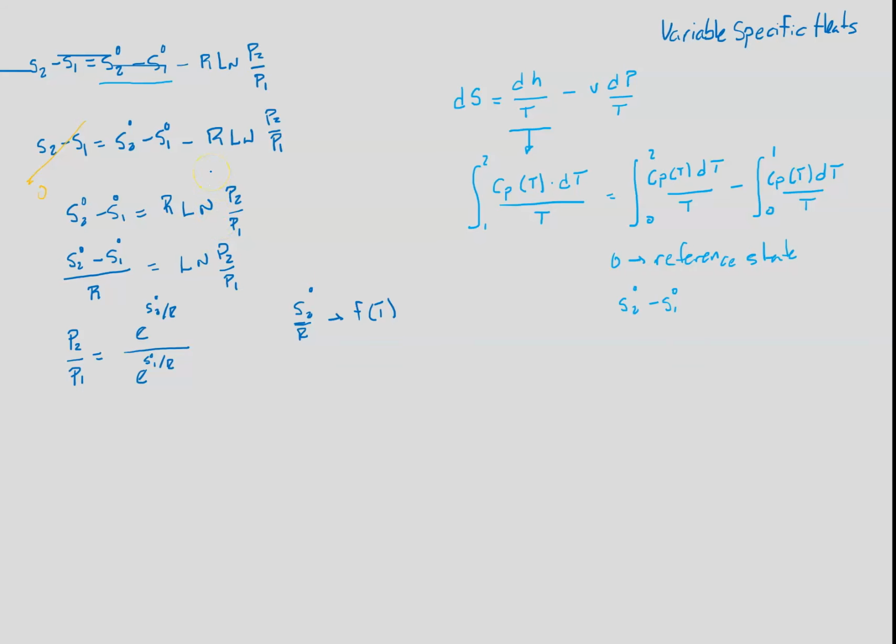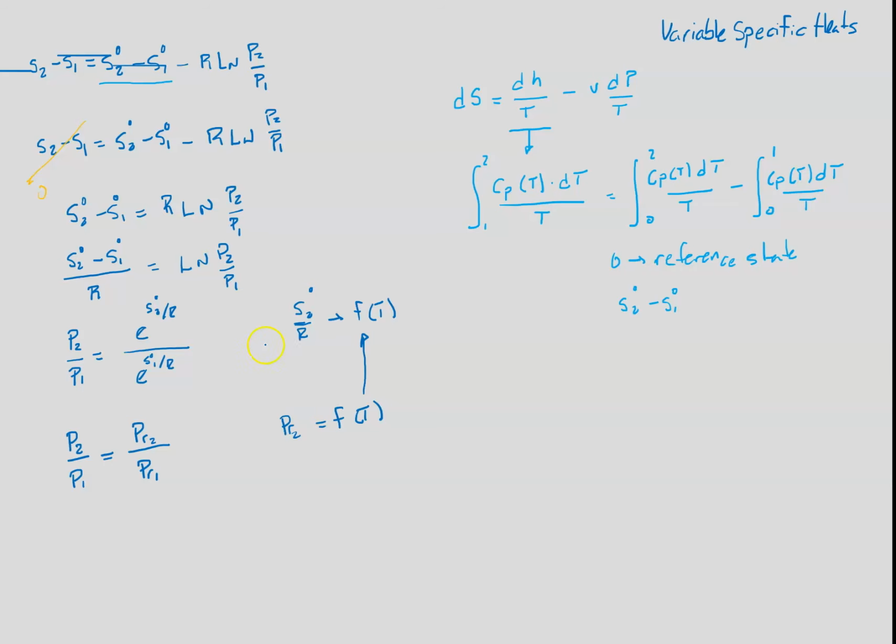And we can tabulate it. So what we are going to do is we're going to rename this variable, and we're going to do something like this. And this Pr is only a reduced pressure. It's not a pressure actually, because the numbers that we have on the numerator and on the denominator are just numbers, dimensionless, but this Pr will be a function only of temperature because it comes from here.